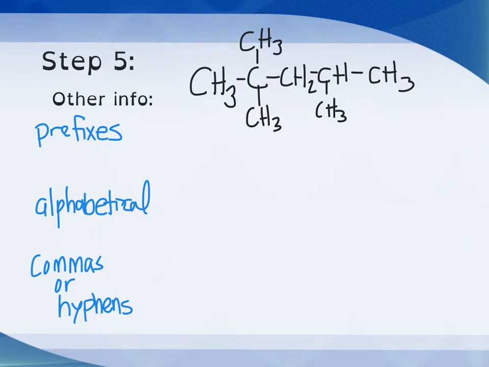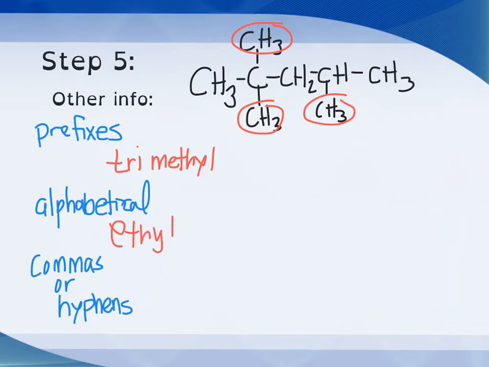Some other details to be aware of whenever you're doing naming like this. If you have multiple of the same group, you're going to use prefixes to tell how many of that item you have. So in this case, it would be trimethyl because we have 3 CH3 groups. If you have multiple groups, you're going to alphabetize them. For instance, if you had an ethyl and then you had a methyl, you would put them in line as the branches before the chain, in correct order.